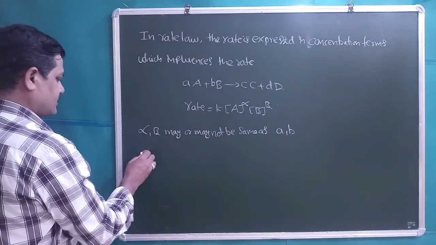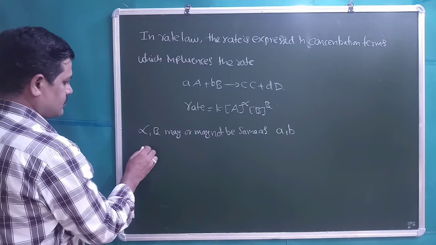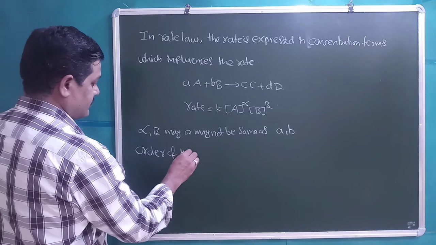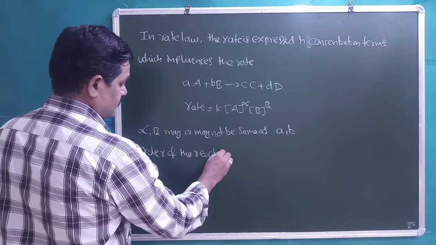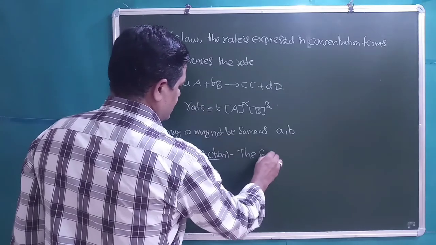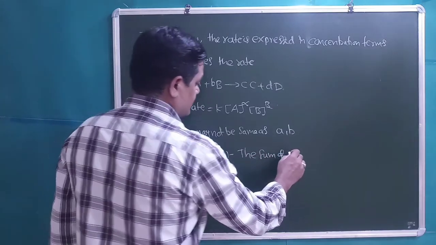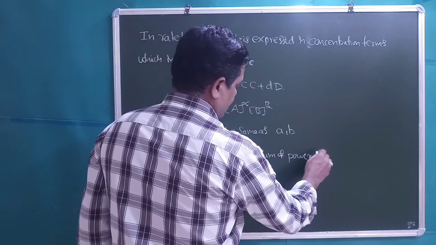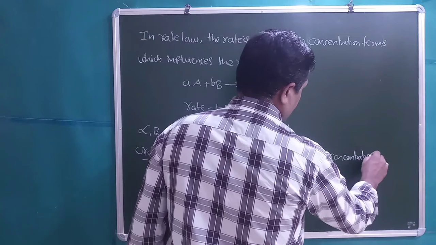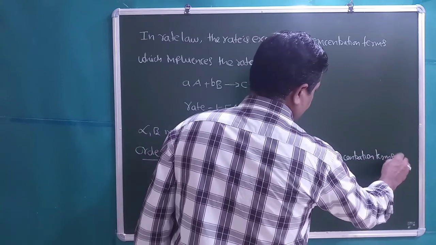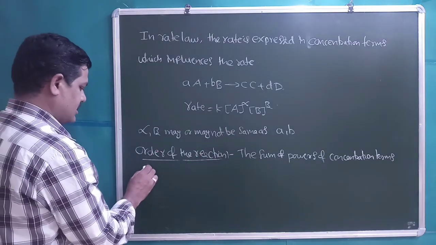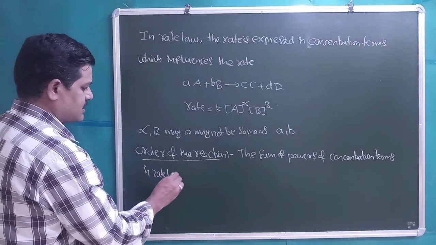So here, the order of the reaction we should learn. The order of the reaction is defined as the sum of the powers of concentration terms in the rate law expression.